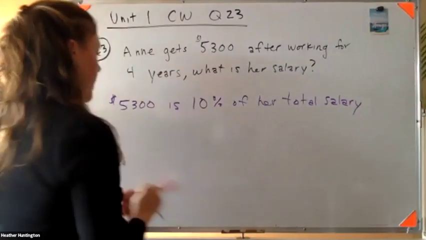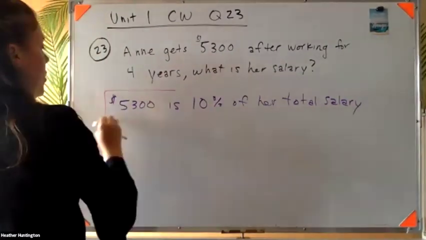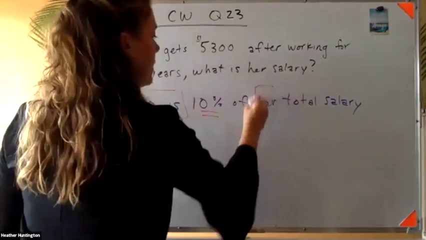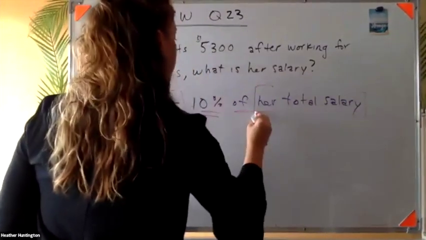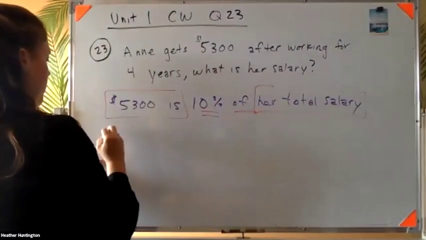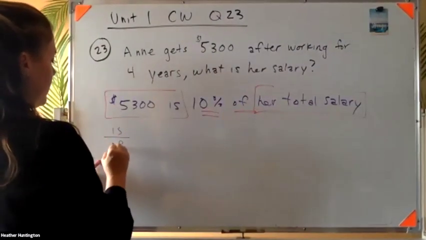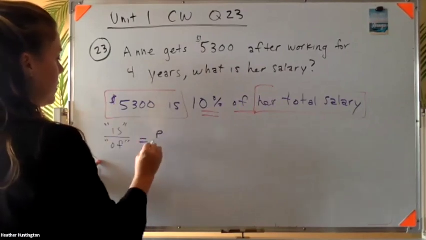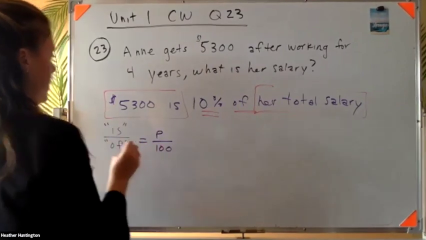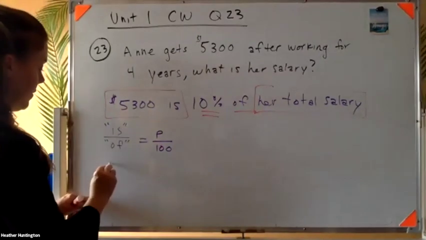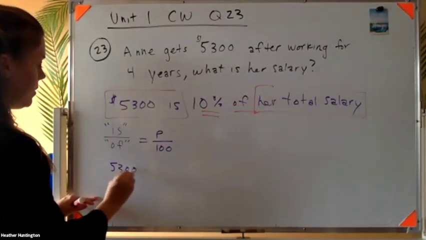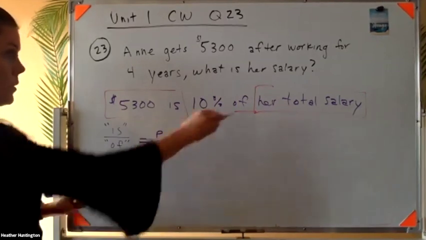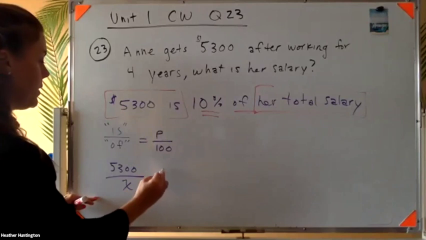If you write it out like that, then this can maybe help you do the percent proportion. So it's always is over of equals percent over 100. Then we have 5,300 of the unknown. We don't know what her total salary is, but we know that this represents 10%.